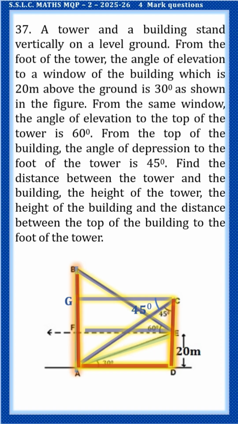Also the height of the building DC, and the distance between the top of the building, that is the point C, and the foot of the tower, that is the point A. Means you have to find CA or AC. I hope you have understood the question clearly.